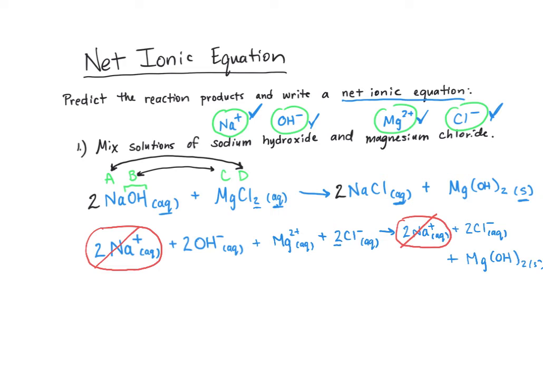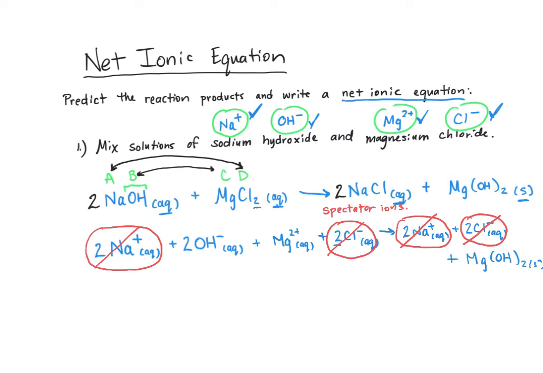Similarly, we see 2 chloride anions on the left-hand side of our reaction arrow, and 2 chloride anions on the right-hand side. These chlorides, likewise, did not change from start to finish in this chemical process. They cancel out as well. In fact, anything that cancels out is really just along for the ride. It's there to bring the ions together that do the reacting in the first place.